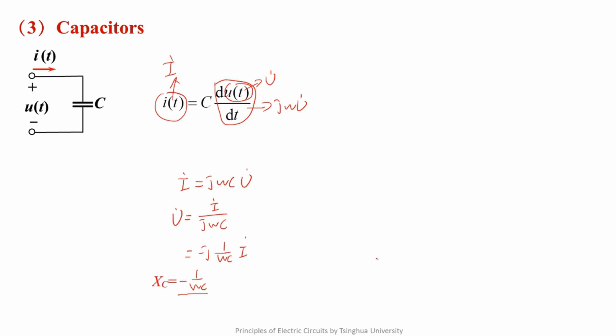This is a phasor of a capacitive voltage. According to the function of rotating factor j, we know that the phasor of capacitor current leads phasor U by 90 degrees. You must also remember this important conclusion. Next, we will draw the characteristic curve of capacitive reactance with change of frequency.